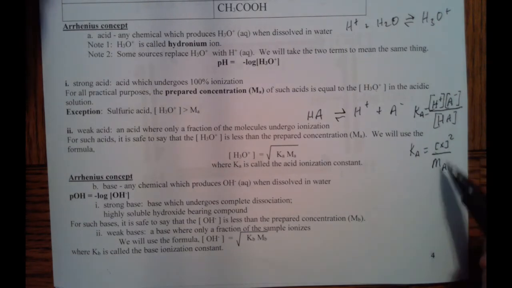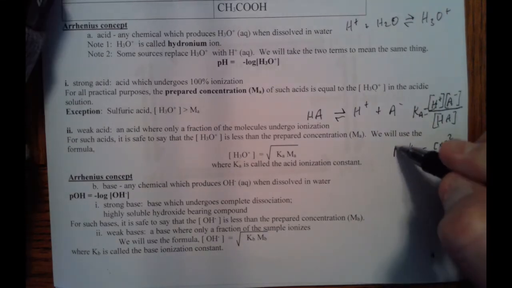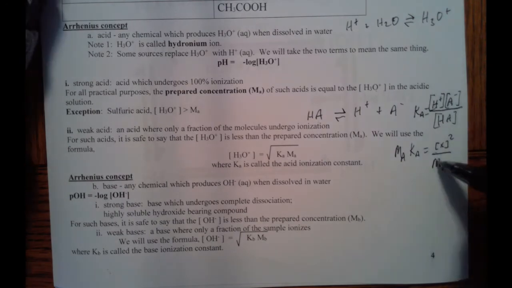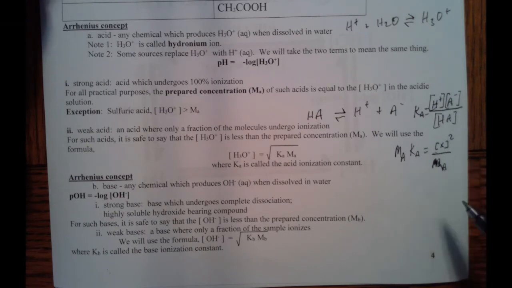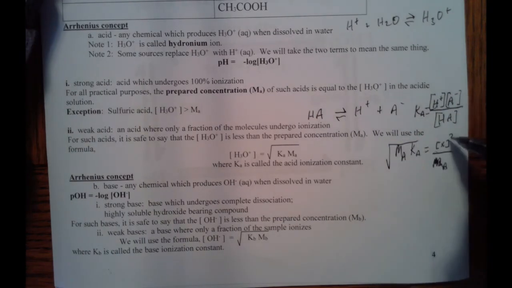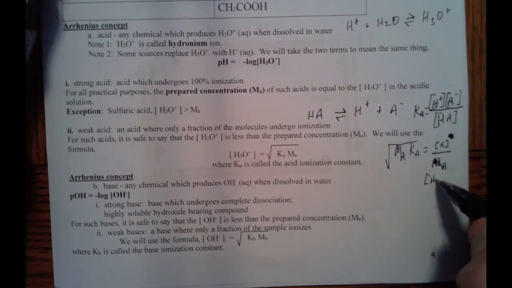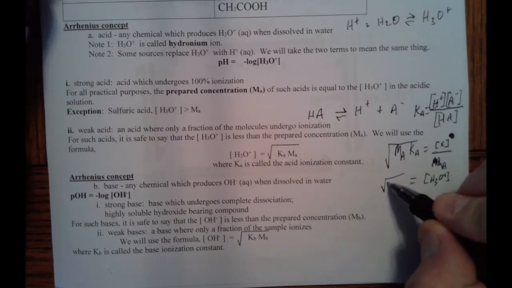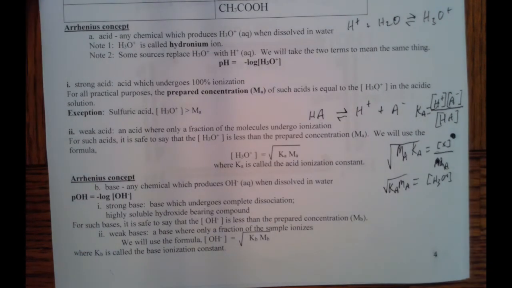If I want to solve for x, which is that H plus concentration, I multiply both sides by Ma, the molarity of the acid, and that will cancel this out. Then we have x squared, so in order to get rid of that square, we take the square root of the whole thing. So the concentration of H3O plus is equal to the square root of Ma times Ka, however you want to do it. And that's for a weak acid.